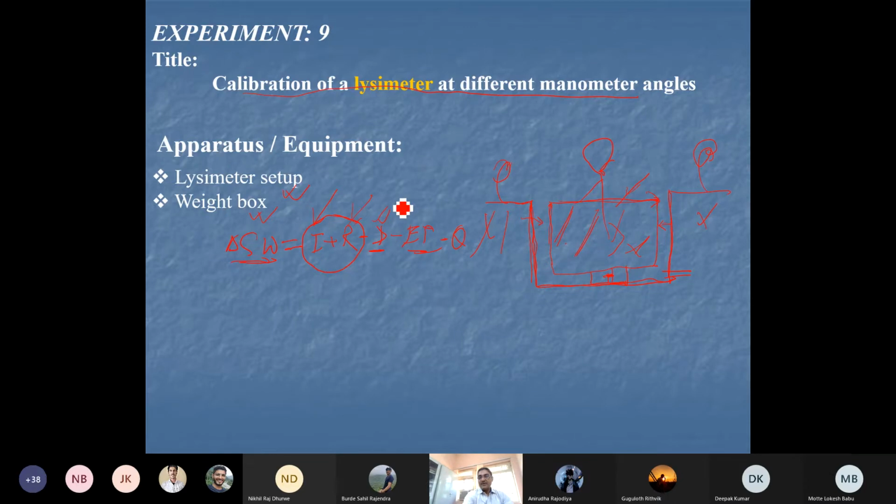And if we have measured any drainage loss from the bottom and any surface runoff from the top, we can find out the ET. So ET is simply irrigation plus any rainfall minus change in soil moisture, that is basically weight, minus drainage and minus runoff.